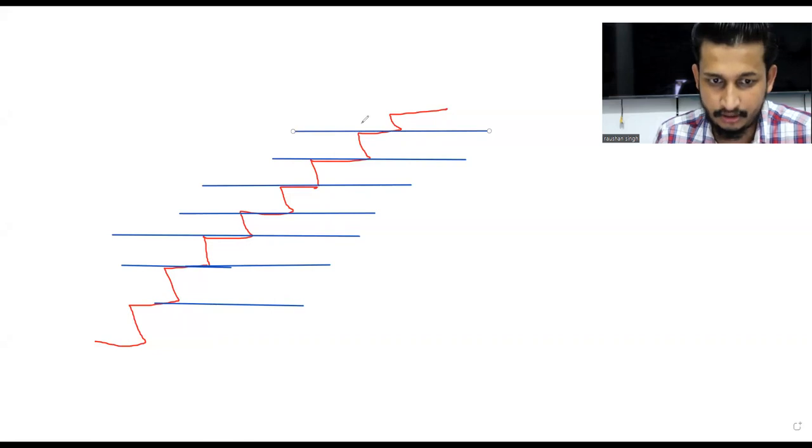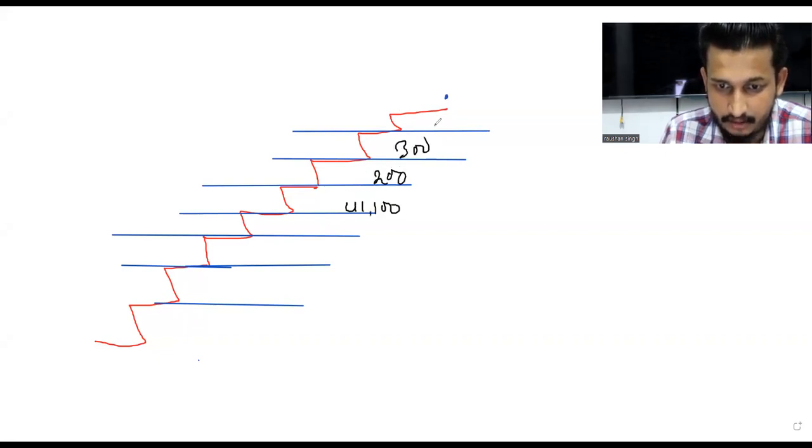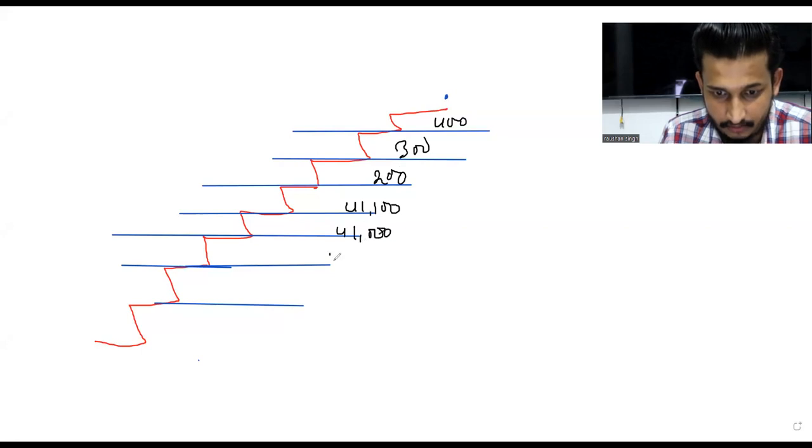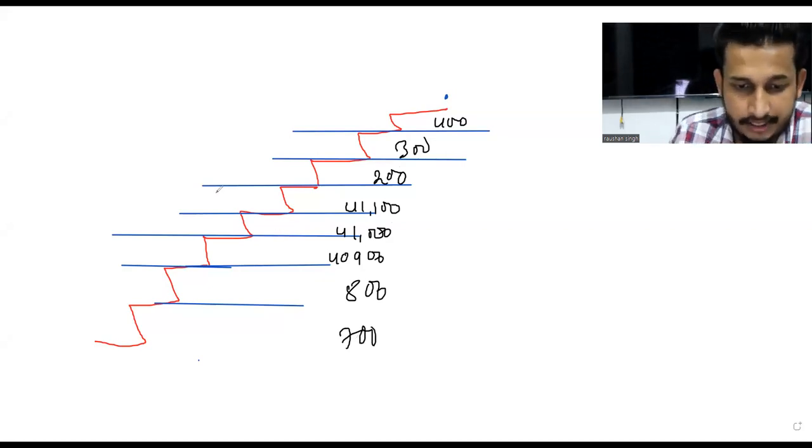So put options, obviously the aim is to go over here, and call option's aim is to go over here, and put option's aim is to come till here. Okay, let's assume 41,100, 200, 300, 400, then 40,000, 41,000, 40,900, 800, 700. Let's say call option is over here.